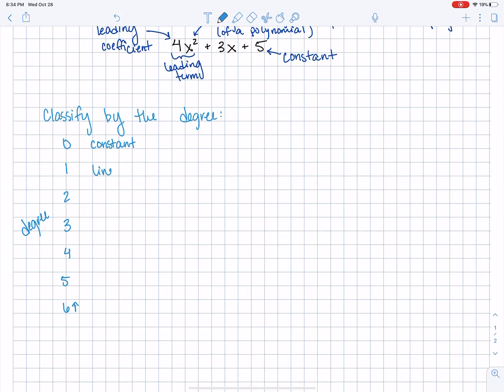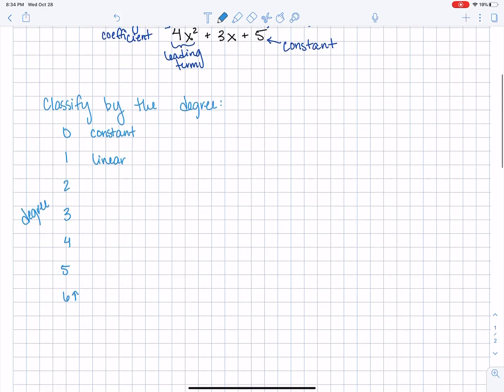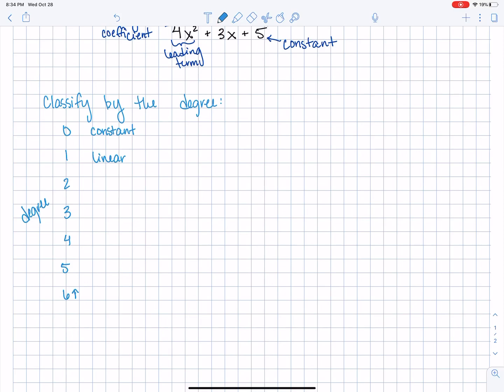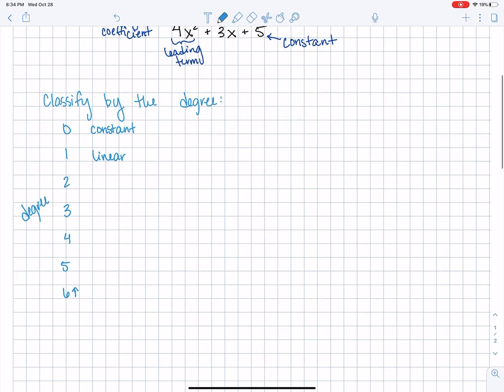We call these a linear function, or a linear polynomial in this sense. 2 is a quadratic. 3 is a cubic. 4 is what we call a quartic. And then 5 is a quintic.